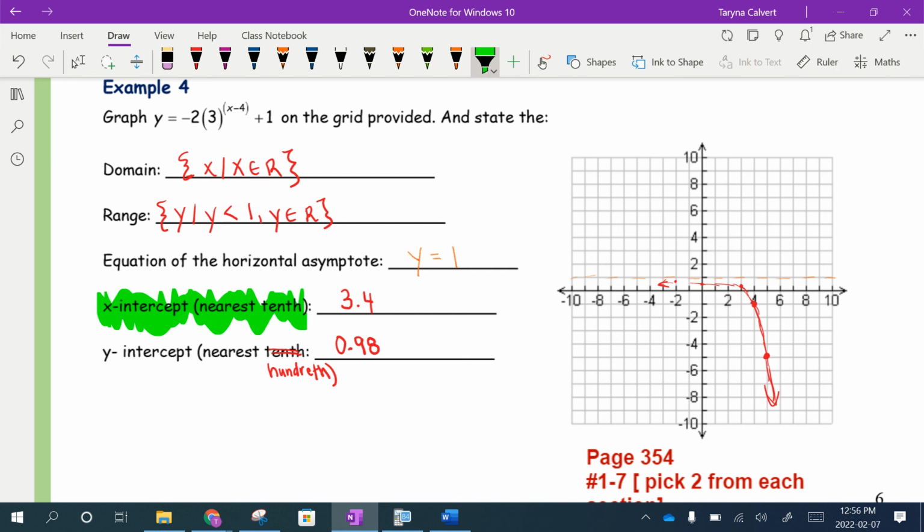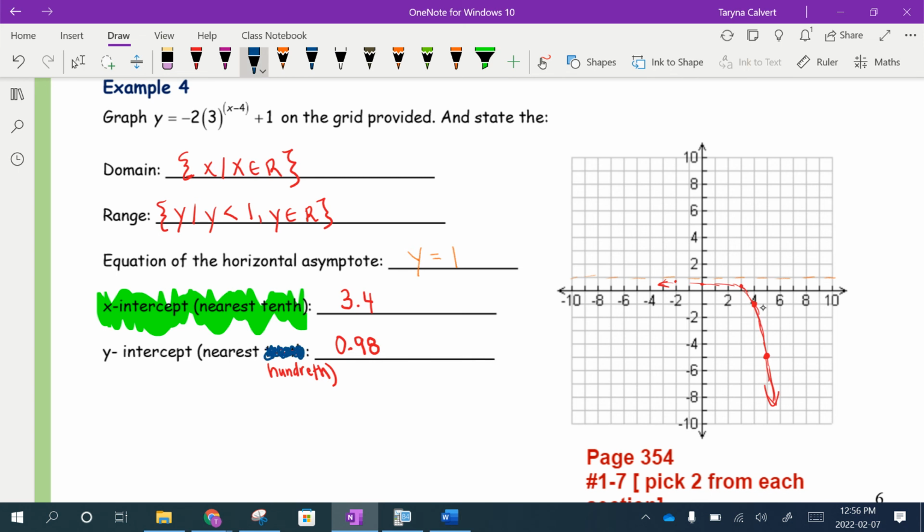And the other thing I needed you guys to change, which is probably if you did the question, is y-intercept, please, to the nearest hundredth, because it rounds to 1, and that's where the asymptote is. So that shouldn't say tenth, it should say hundredth, because we know that there is no point on the asymptote, so change that.